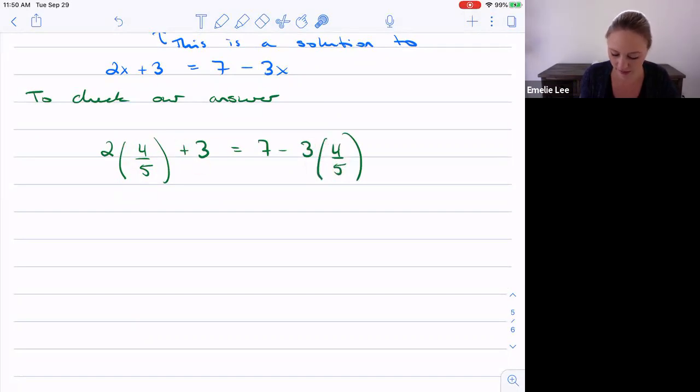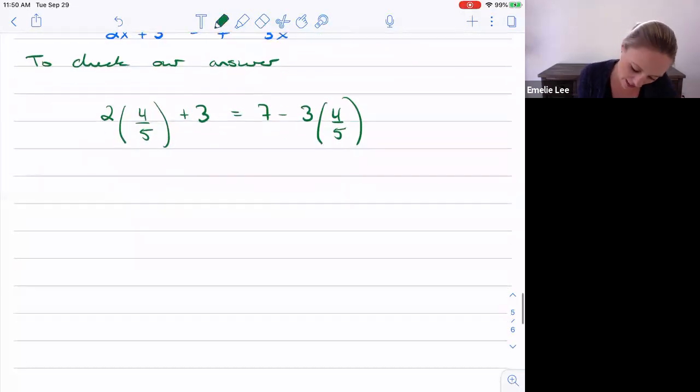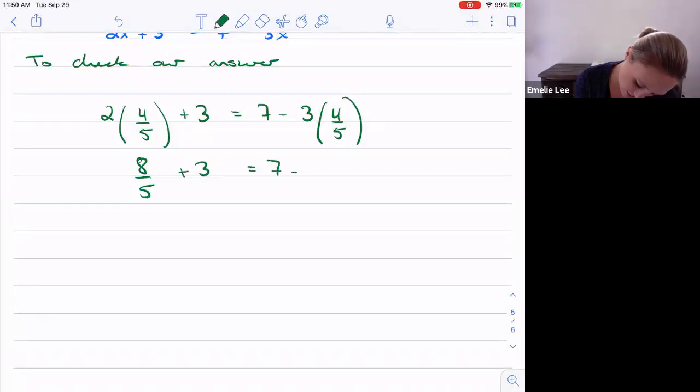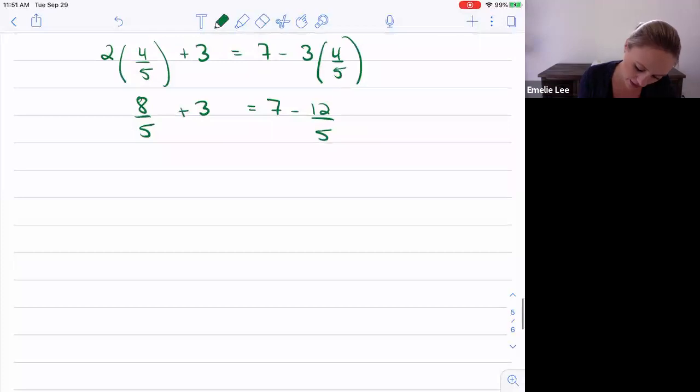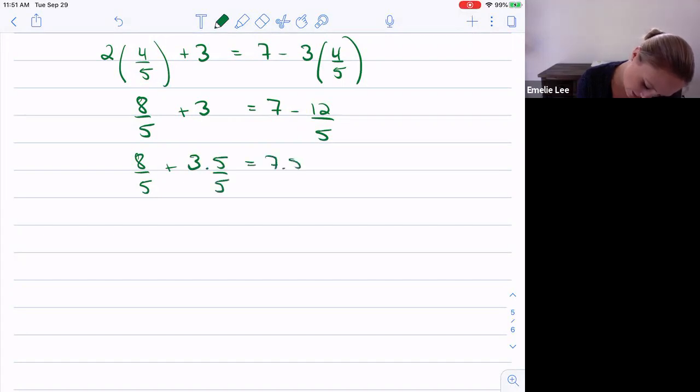But in order to combine these to see if they're equal, of course you could use your calculator, but I want to practice using fractions. We need that common denominator, right? So what we have is 8 over 5 plus 3 is 7 minus 3 times 4 is 12 over 5. I need that common denominator of 5, so I've got 8 over 5 plus 3 times 5 over 5 is 7 times 5 over 5 minus 12 over 5.